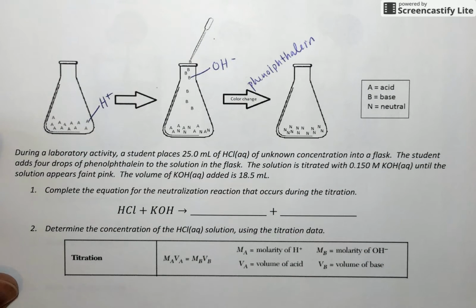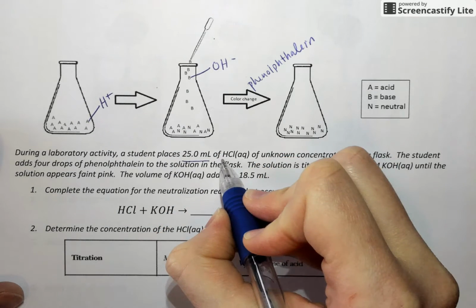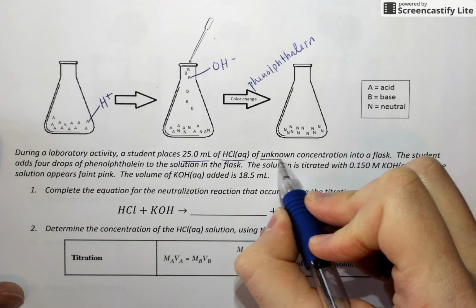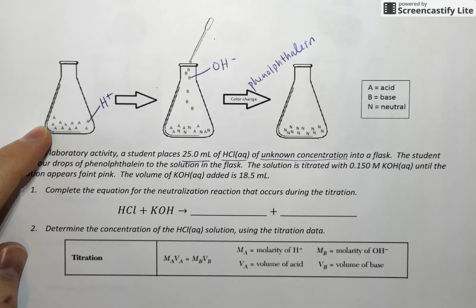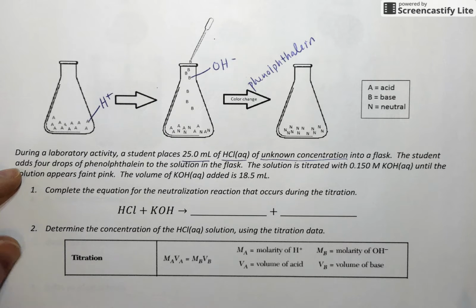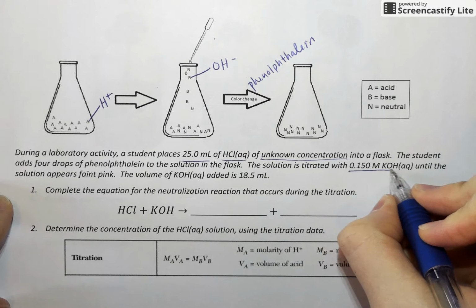So in this particular titration, a student has placed 25 milliliters of HCl of an unknown concentration. They're going to add 4 drops of phenolphthalein into the solution in the flask, and it's going to be colorless because it's in an acidic solution. The solution is titrated with 0.150 molar KOH.